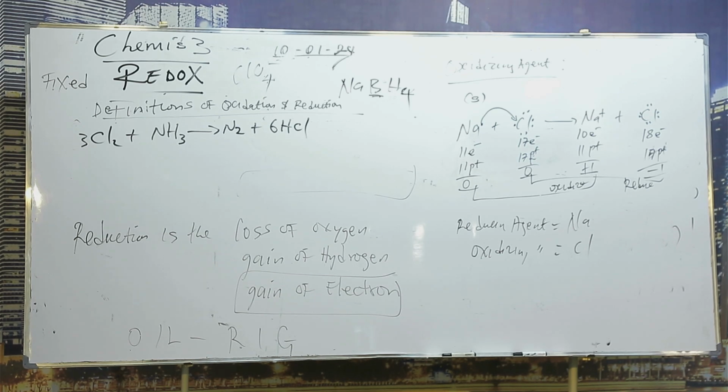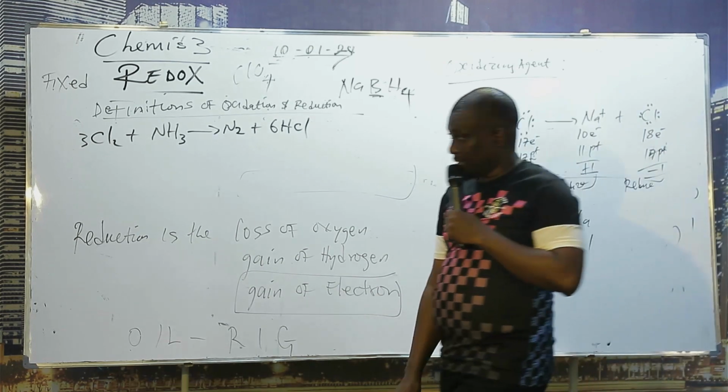B, an oxidizing agent. C, an acid. D, a catalyst.